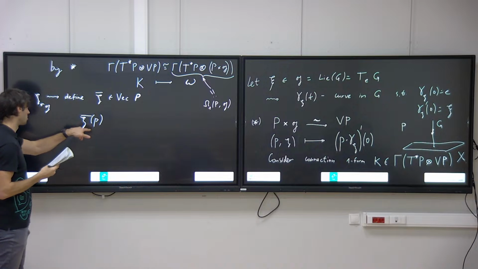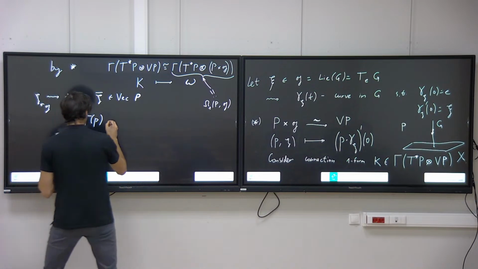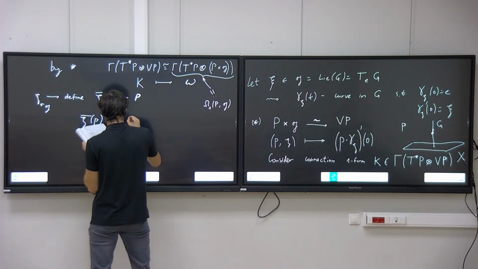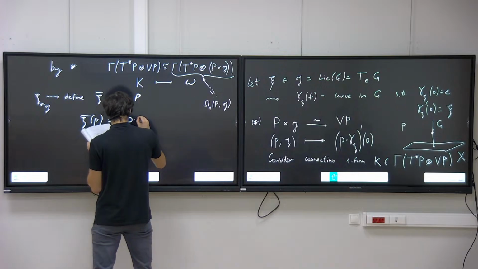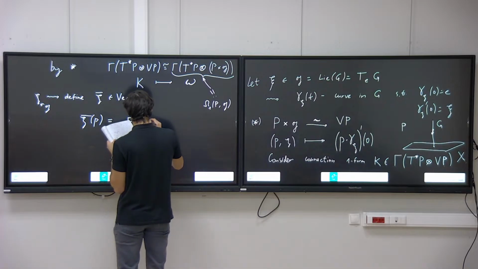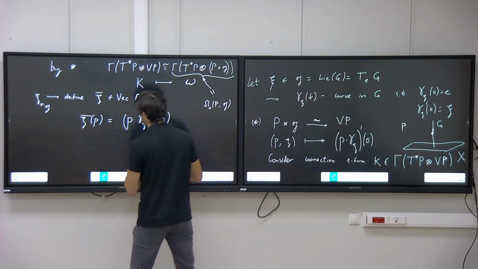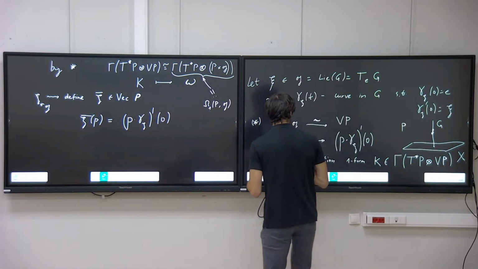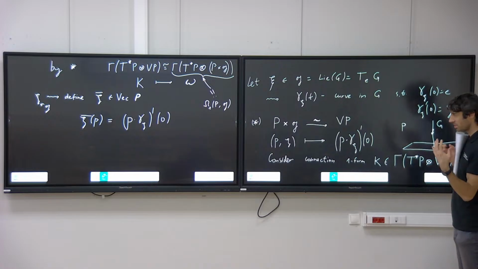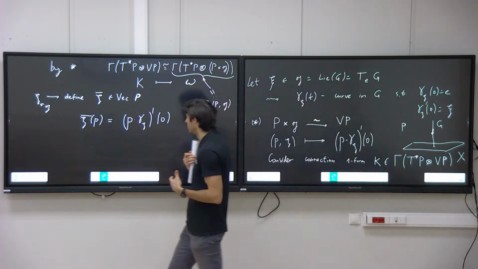So this is a vector field, and if I evaluate it at the point P, then by definition I take P gamma psi prime at 0. Again, the same formula and the same picture. I'm just collecting all this data into a vector field that I denote psi bar.